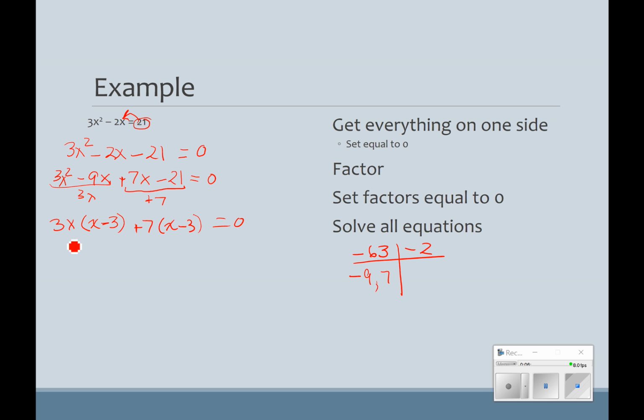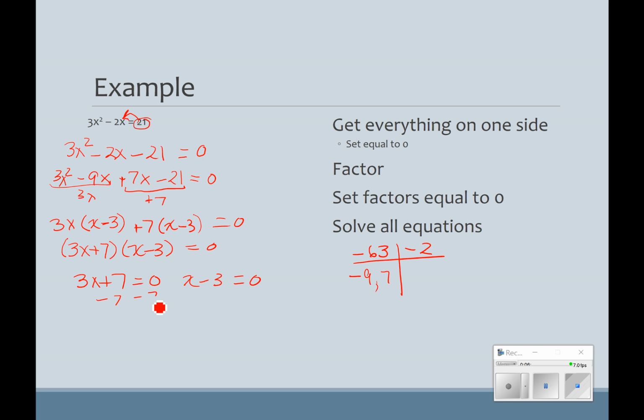Okay. So now my factors are going to be 3x plus 7 and x minus 3, and that's equal to 0. So now we take our two factors, the 3x plus 7 equal to 0, the x minus 3 equal to 0, and I solve those.